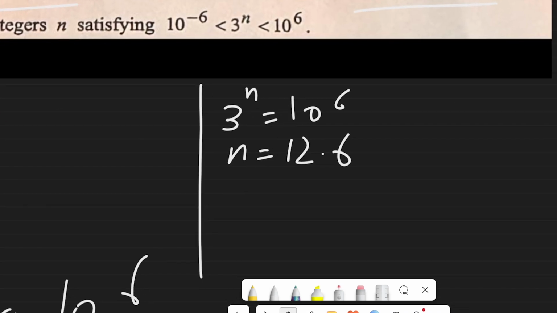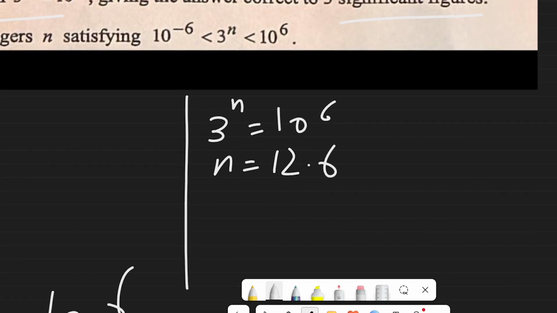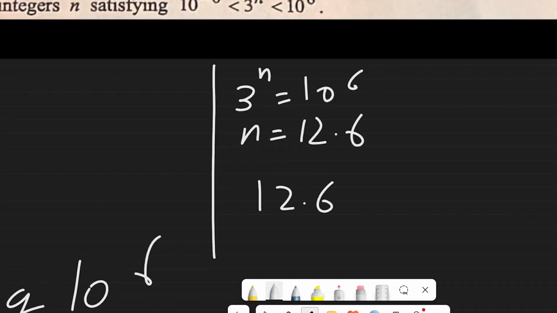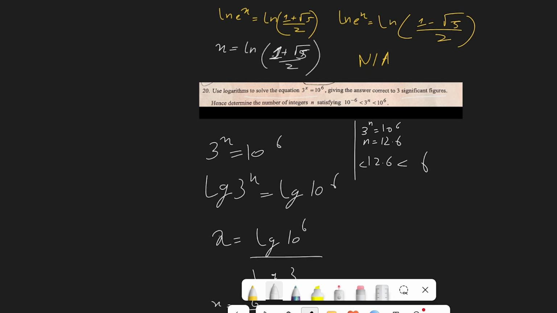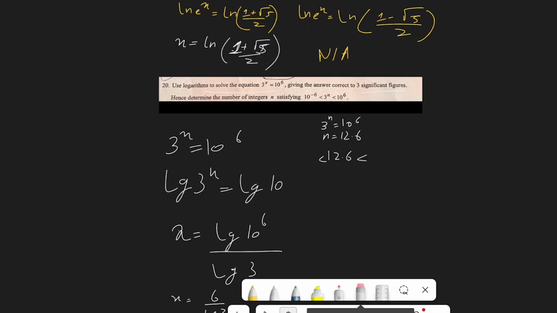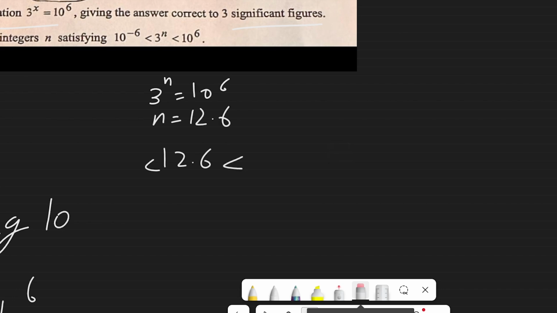That means we have 12.6 in the middle, and we have 10 power minus 6 less than it on one side, and 10 power 6 on the other side. That means that there would be 12 numbers behind this.